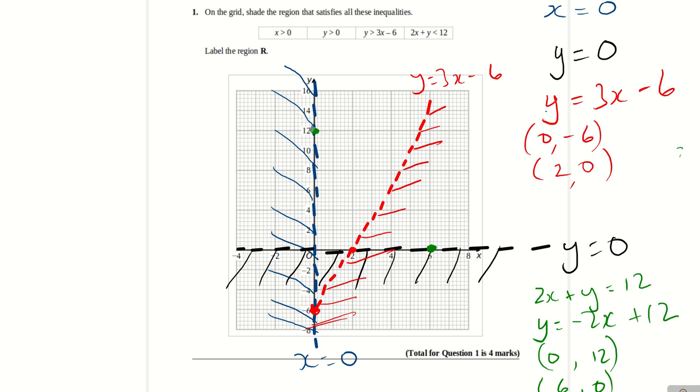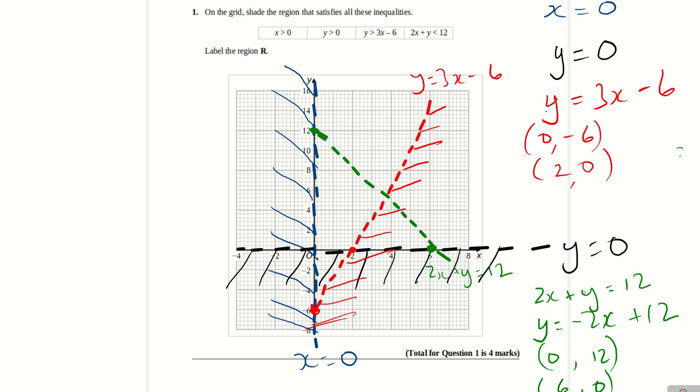And I'm going to try and draw it. Whoops, not quite right, but something like, it's not great, but something like that. And if I label it, that's the line 2x plus y equals 12. And we want it to be less.